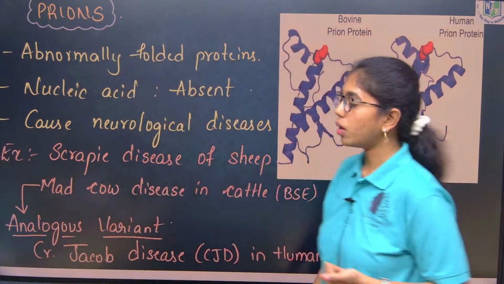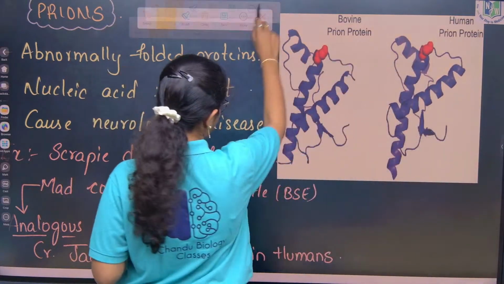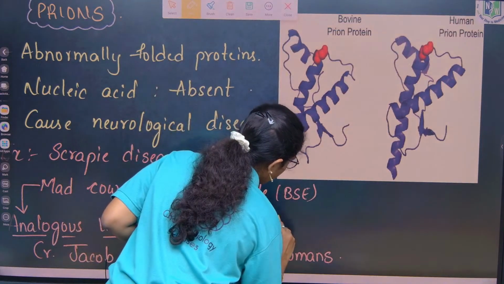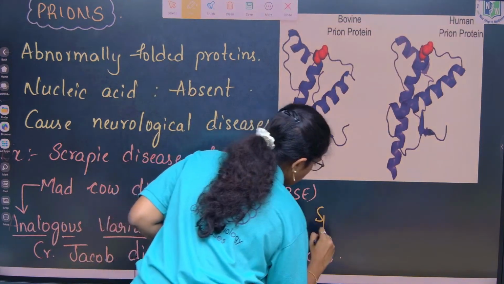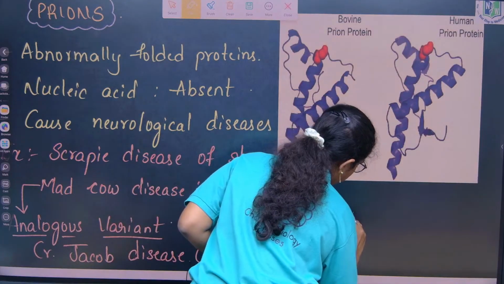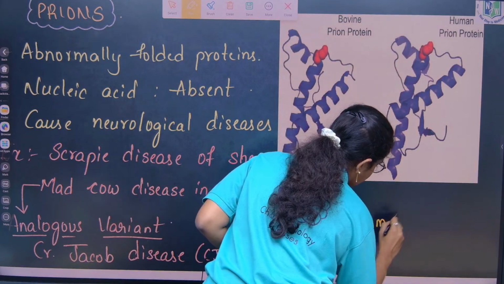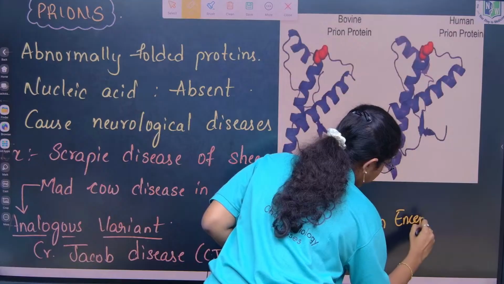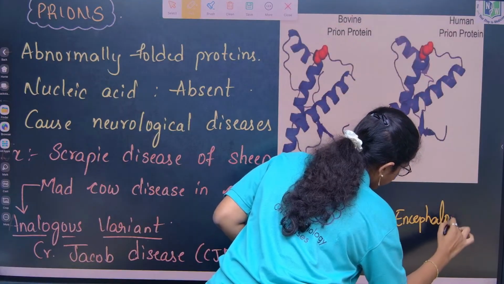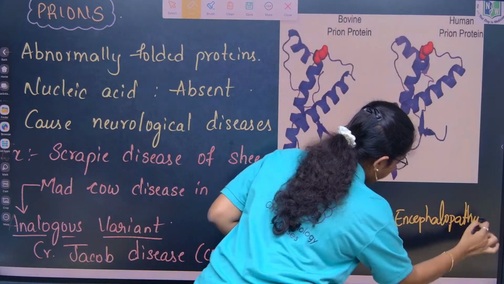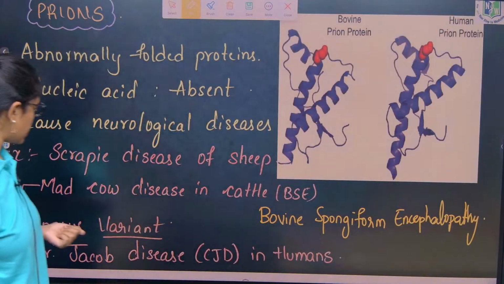Mad cow disease is called as what? Bovine spongiform encephalopathy.